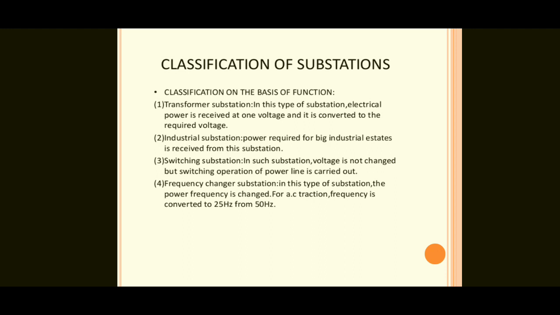In such substation, voltage is not changed, but switching operation of power line is carried out. Frequency changer substation. In this type of substation, the power frequency is changed. For AC traction, frequency is converted to 25 Hz from 50 Hz.